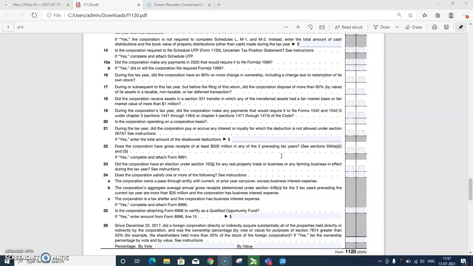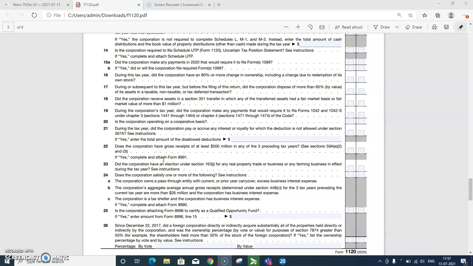Now, question 19. If the corporation made any payment in 2020 that would require the corporation to file any Form 1042 or 1042-S, check the yes box. See the instructions for Form 1042 or the instructions for Form 1042-S for information regarding who is required to file Form 1042 and 1042-S, and what type of payments are subject to reporting on Form 1042 and 1042-S.